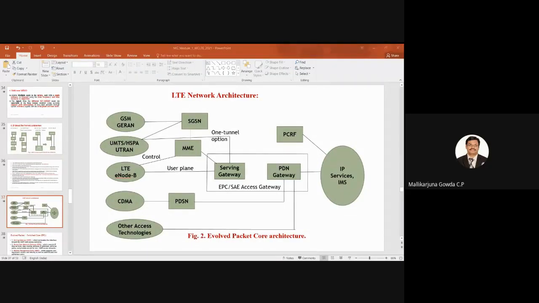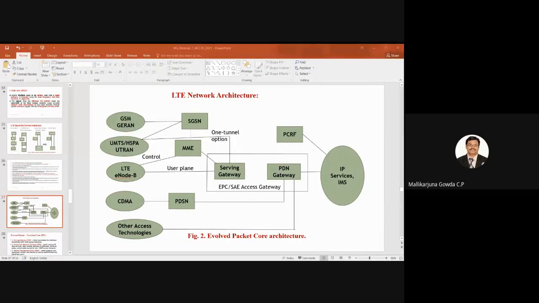Then Meghana. So PDS. Yes, Mailaram. MME, sir. Okay, MME. Yes, next Nandish Reddy. SGSM. Okay.